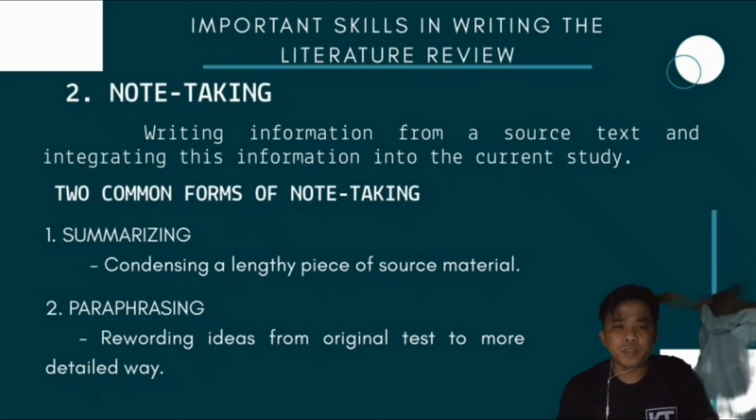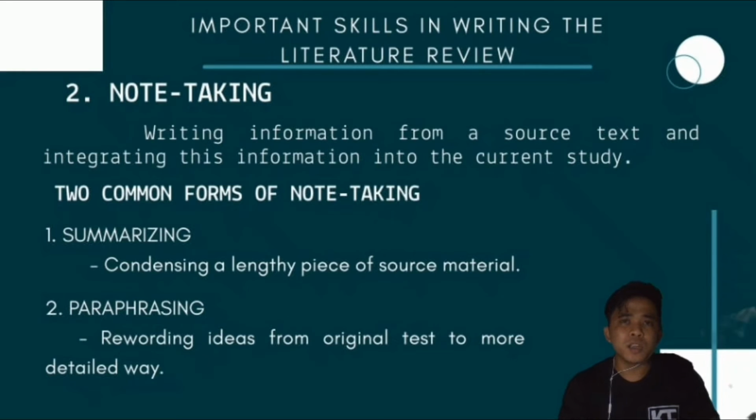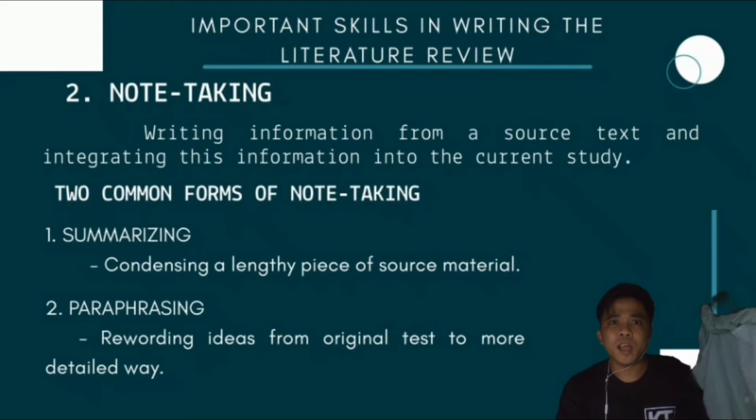Paraphrasing involves rewording ideas from the original text in a more detailed way. You can change the words, but the idea is there, while the words used or the sentence used are different.